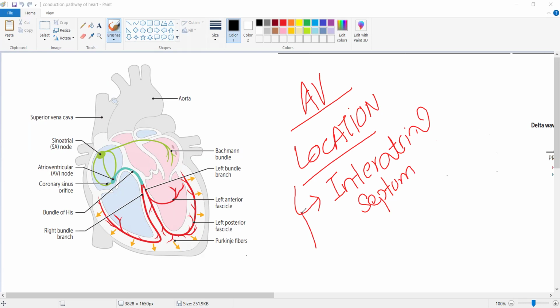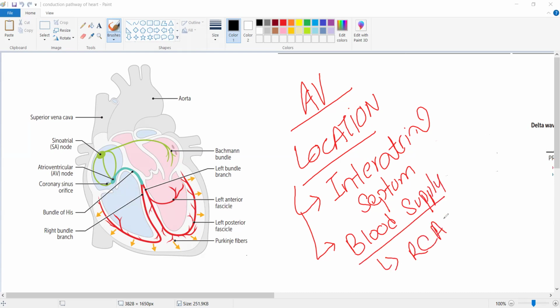Yes. What is the blood supply of the AV node? The right coronary artery.